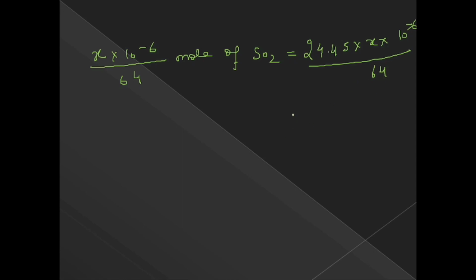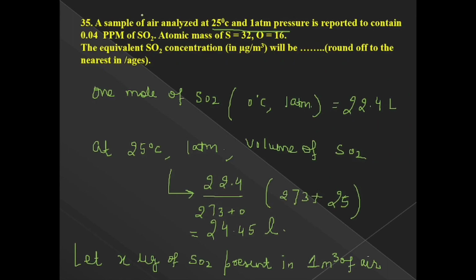So that is equal to 0.382 into 10 to the power minus 3 meter cube of sulfur dioxide present in 10 to the power 6 meter cube of air. And this is equal to the given concentration, that is 0.04 ppm of the sulfur dioxide.